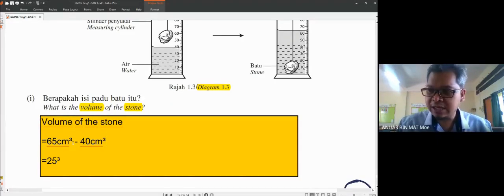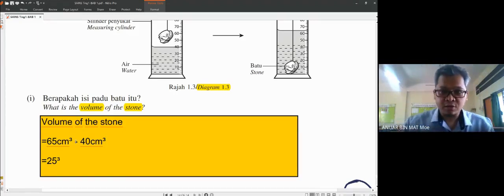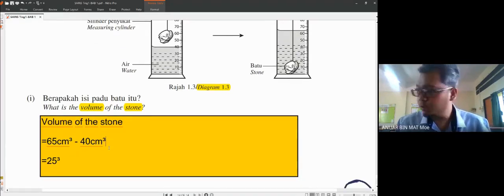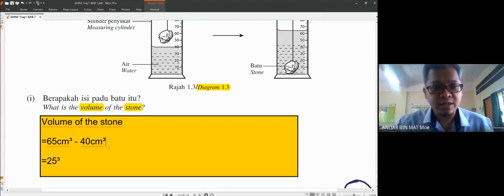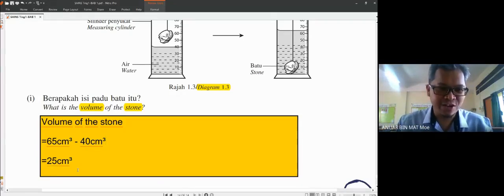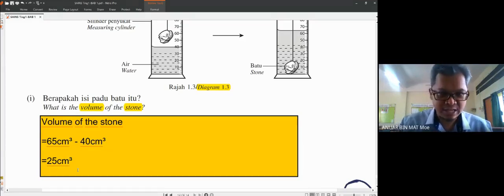So we call it the final reading, right? The final reading is 65 centimeter cubic of water rise, and the initial reading is 40 centimeter cubic. So if you minus the two, you will have 25 centimeter cubic of volume of the stone here.